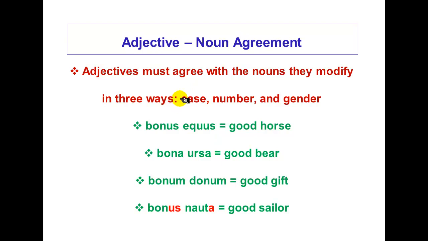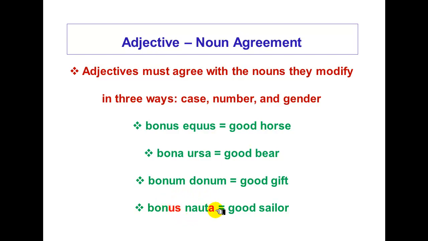You can have nouns and adjectives in agreement, but they may not be spelled the same. Bonus nauta is good sailor in the nominative singular, but they don't have the same ending. Why is that? Well, nauta is first declension masculine, and so it has to have a first declension masculine A, but the masculine adjective has second declension endings.